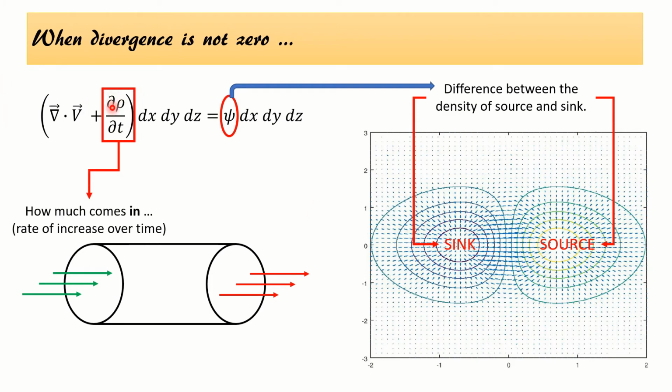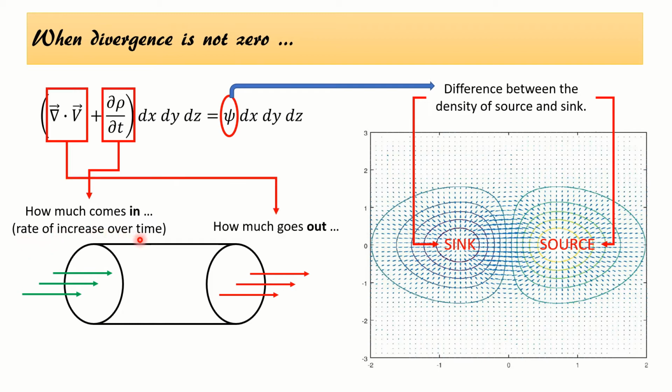So the partial derivative of rho with respect to time basically tells you how many particles come into the system. So this is the rate of increase over time. And of course, the other one is the divergence of the field. This is how much goes out.